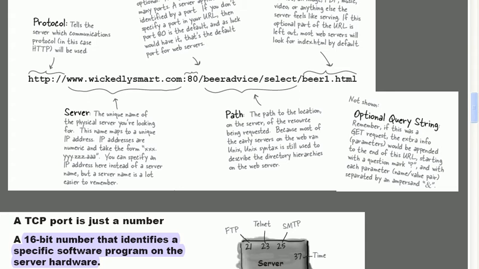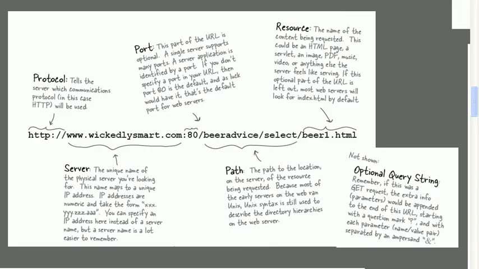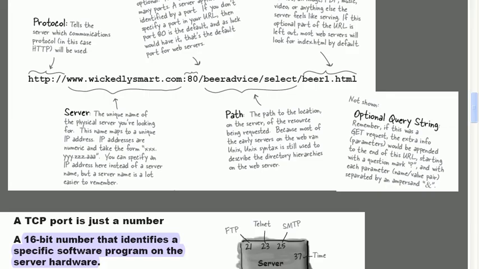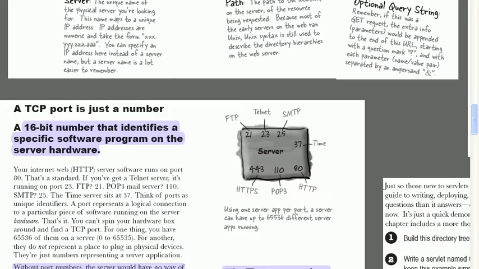You could also specify an IP address instead of a name, the port number that the server is running on the server side, and the path of the resource, as well as you could also have an optional query string with the data if you're using get method.